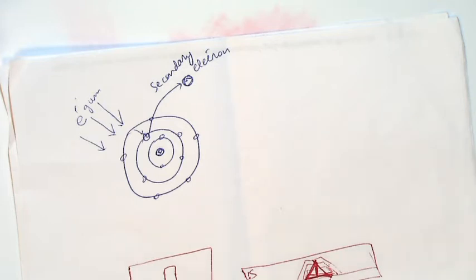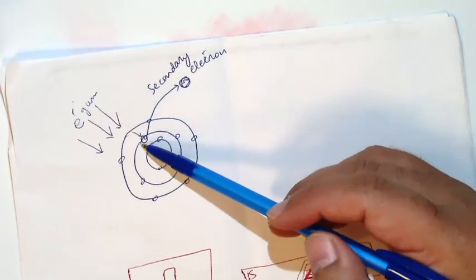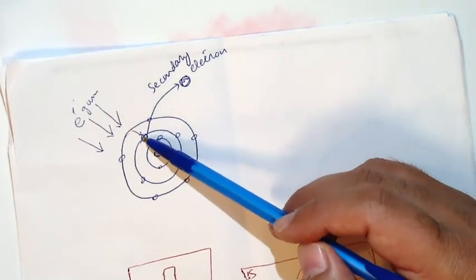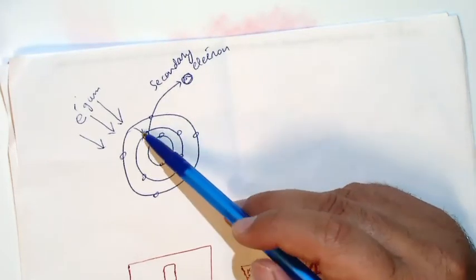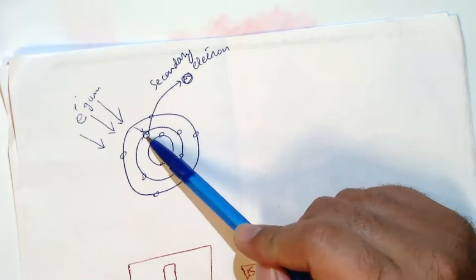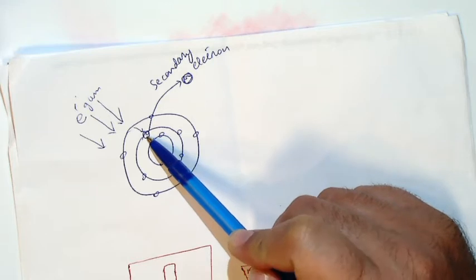But coming back to the X-ray: you have an electron gun, you are shining on the surface, and it transfers energy to maybe this electron, which is ejected as a secondary electron. Now at this place, when there is no electron, what is there? A hole, right? A hole is the absence of an electron.